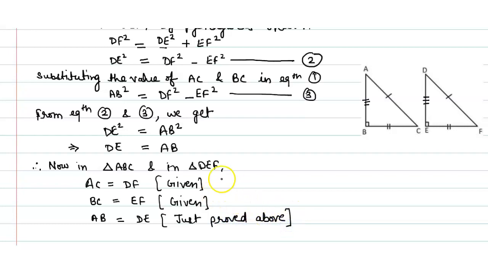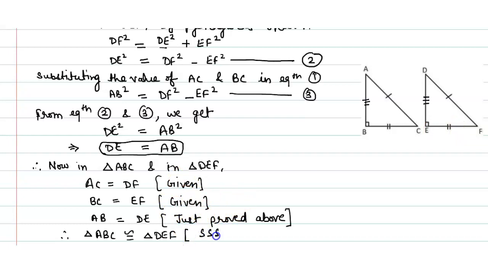Here we have proved that DE is equal to AB. Now this means triangle ABC will be congruent to triangle DEF, because now all the three sides of triangle ABC are equal to all the corresponding three sides of triangle DEF. So always mention by which rule these two triangles are congruent.